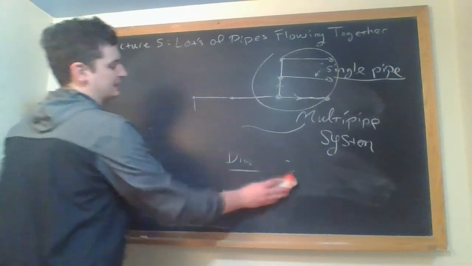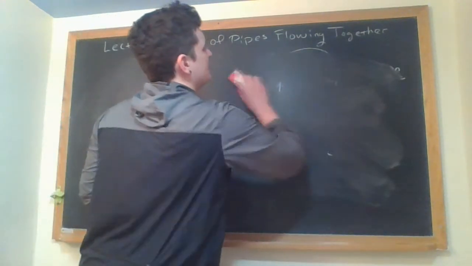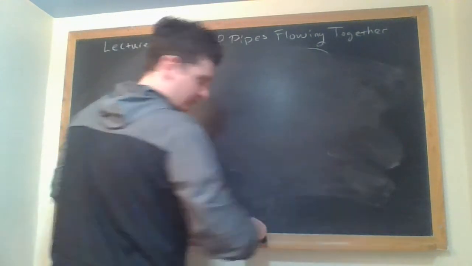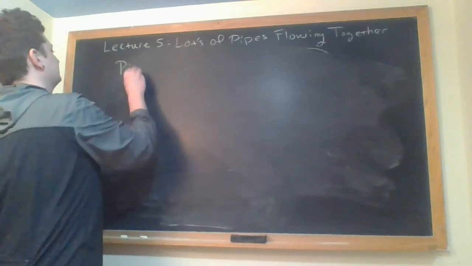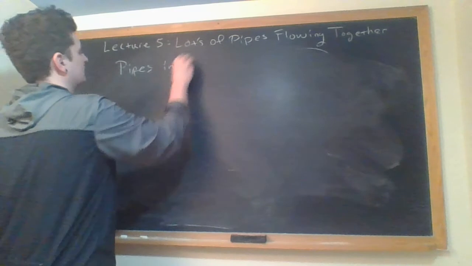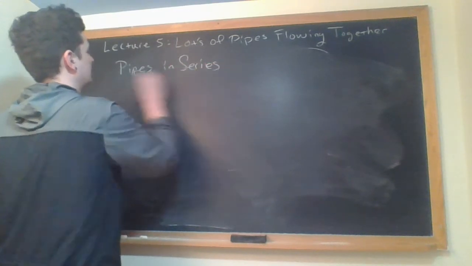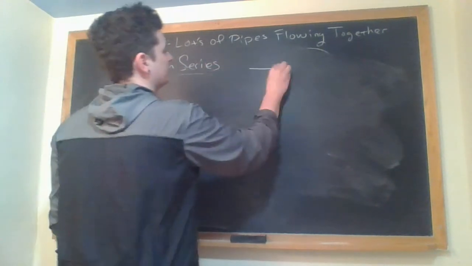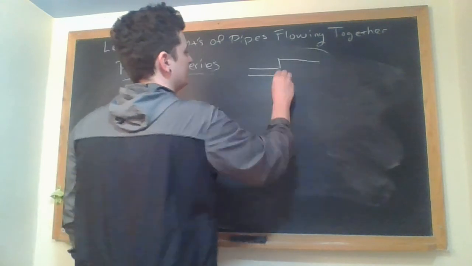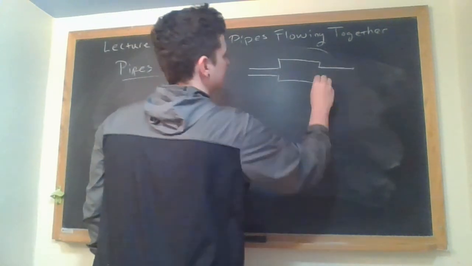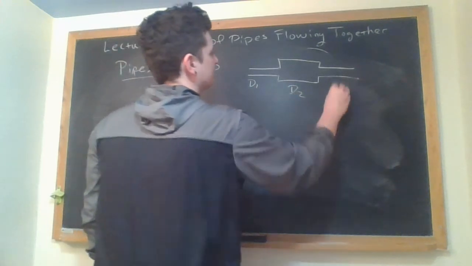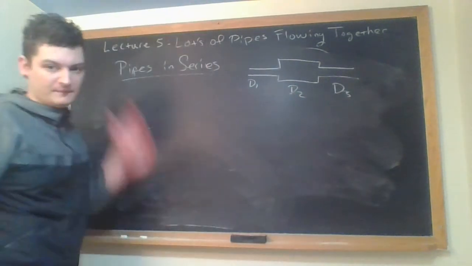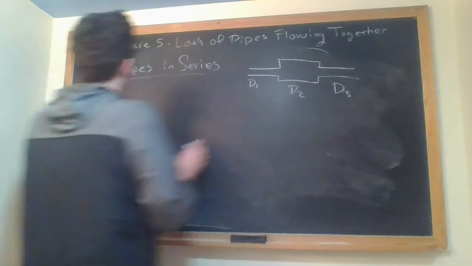And that's what we're going to talk about right now. It comes down to three fundamental multi-pipe problems, and that is we have pipes in series. Pipes in series would be ones that go from here to here. So let's say this is D1, D2, and D3. This would be in series.